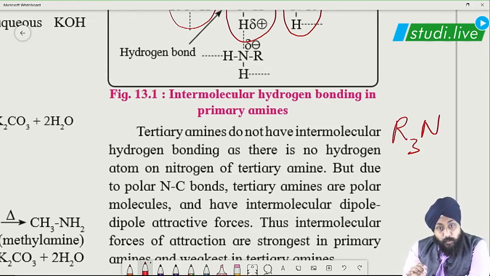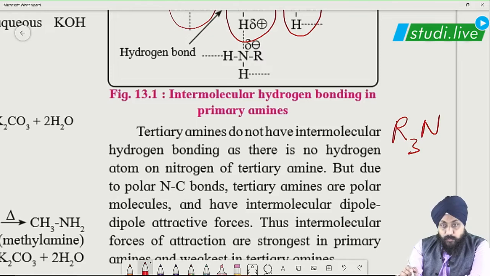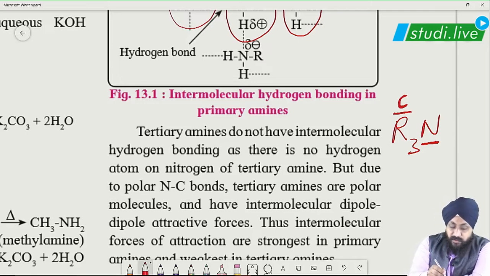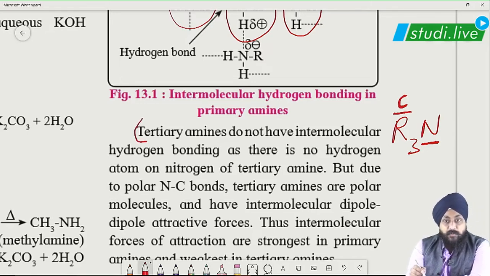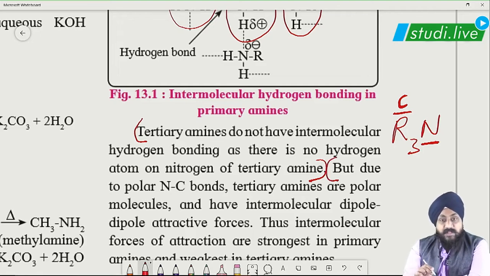But due to the polar NC bond, where N is nitrogen and the alkyl group is carbon, tertiary amines are polar molecules and they have intermolecular dipole attractive forces.